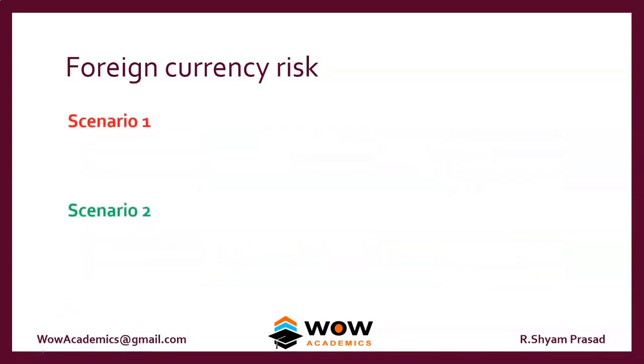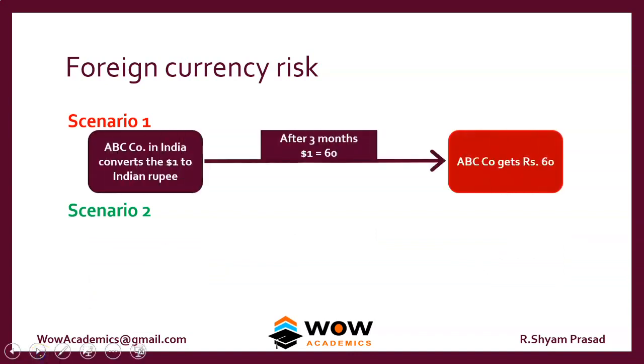Scenario one is the Indian company has got the $1 from the US company, but now they go to the bank. When they go to the bank, the rate is 60. The rate they expected was $1 to 75 rupees, that is what was fixed at the time of entering into the trade.